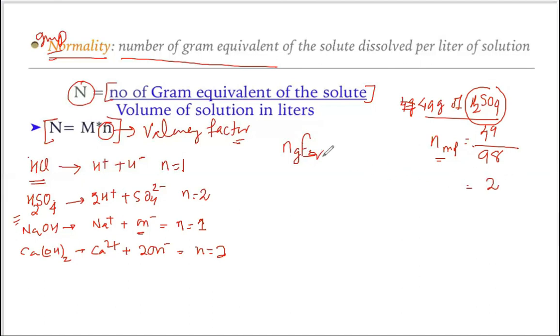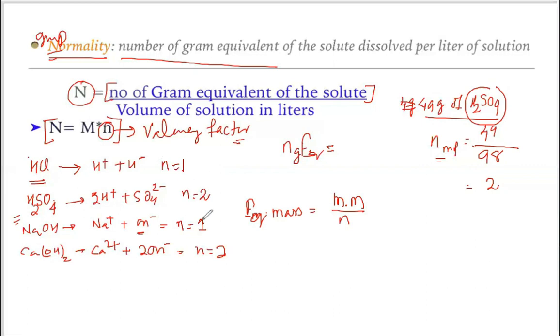But how can you calculate the number of gram equivalent? It is the same concept as number of moles, but the only difference is that instead of molecular mass we are going to take equivalent mass. So what is the meaning of equivalent mass? Equivalent mass is molecular mass divided by n factor, or valency factor, as we already calculated.